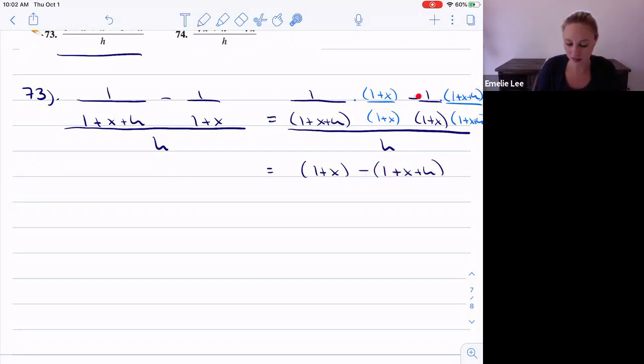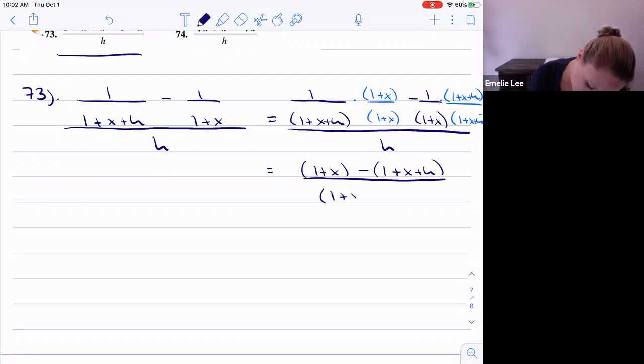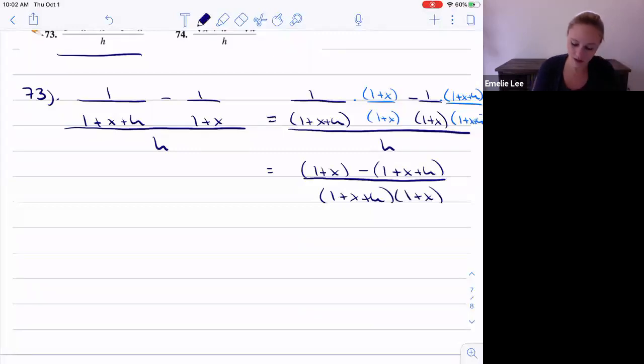It's technically minus 1 times 1 plus x plus h, because I don't want to expand this out quite yet. I want to be careful when I do that. So for now, I'm just combining these common denominators. 1 plus x plus h times 1 plus x is my common denominator, and this is all over h.